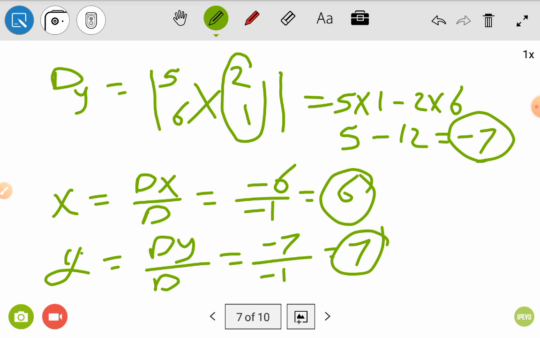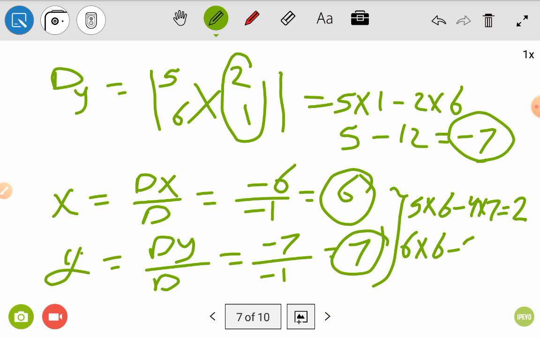You can easily verify these values by substituting the values of x and y in the two equations. You will find that these values satisfy the equations 5x minus 4y equals 2 and 6x minus 5y equals 1. 5 times 6 minus 4 times 7 equals 2. 6 times 6 minus 5 times 7 equals 1.